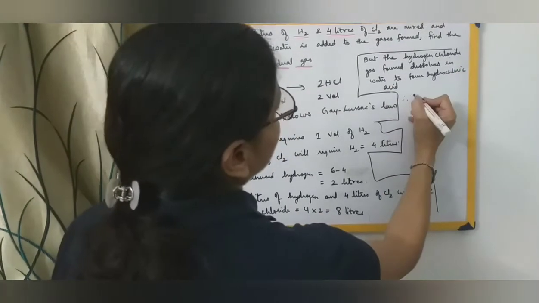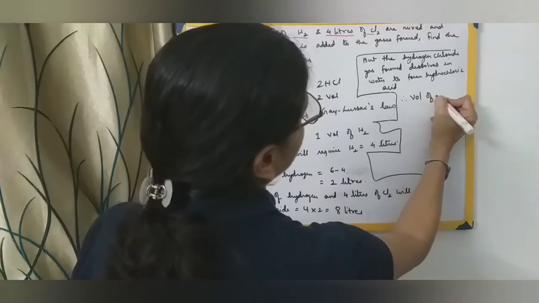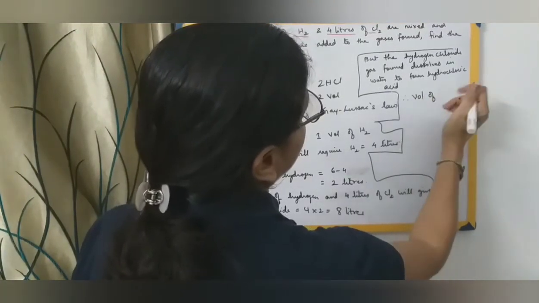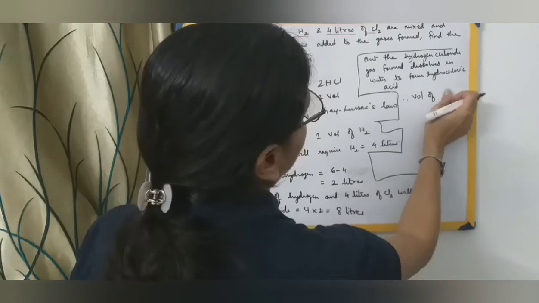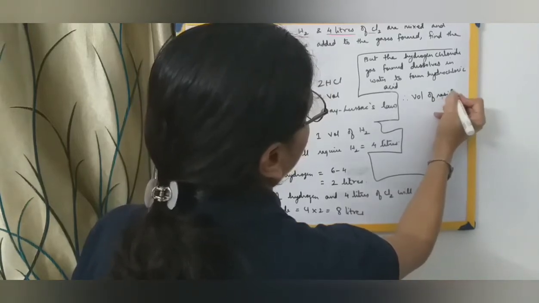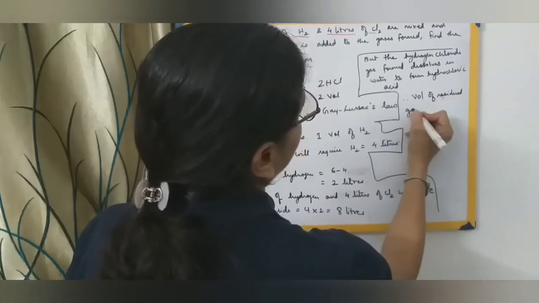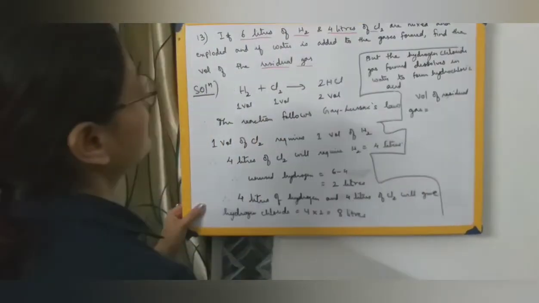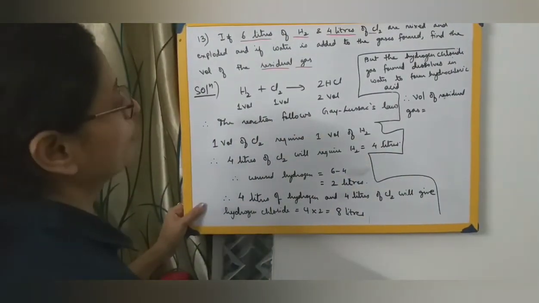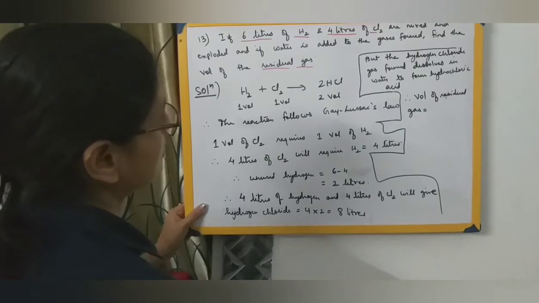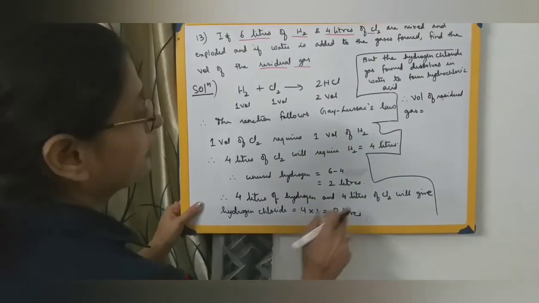Therefore, the volume of residual gas is equal to, what will be the residual gas? Something which has been left behind. So what is left behind? Chlorine is completely used up. We don't have to calculate hydrochloric acid.